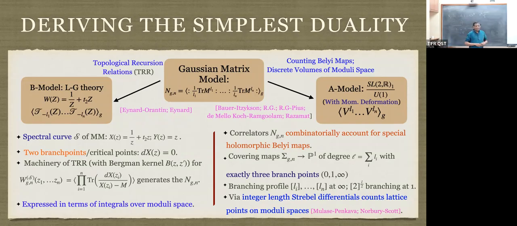There's an A-model picture, which probably connects more directly to the things I've been doing earlier, because I told you that the A-model geometry is this coset space, and there's a momentum deformation. So how do you maybe try to arrive at this A-model geometry?